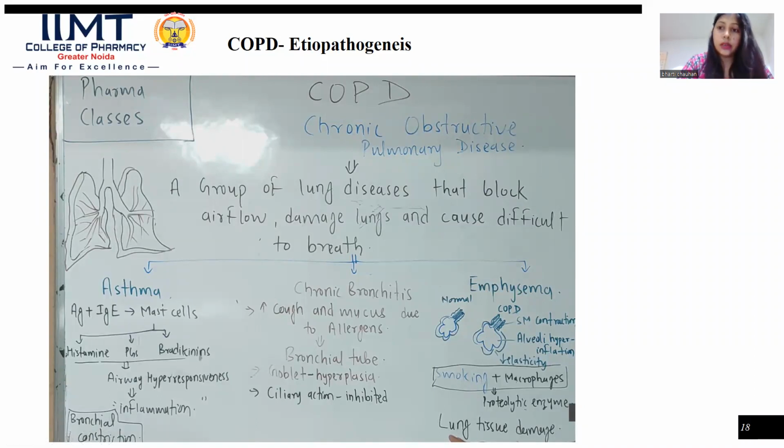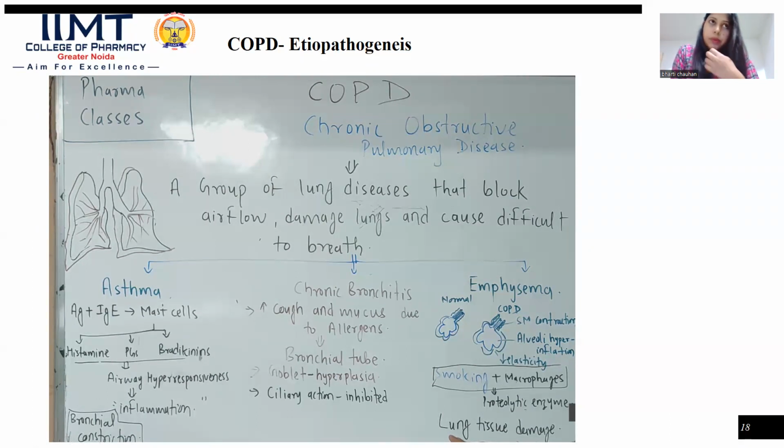Next condition is chronic bronchitis. Due to coughing, mucus is released in response to the allergen, and the bronchial tube will get inflamed, due to which this condition will occur. And the last condition is emphysema. Emphysema will occur due to inflammation of the alveoli.